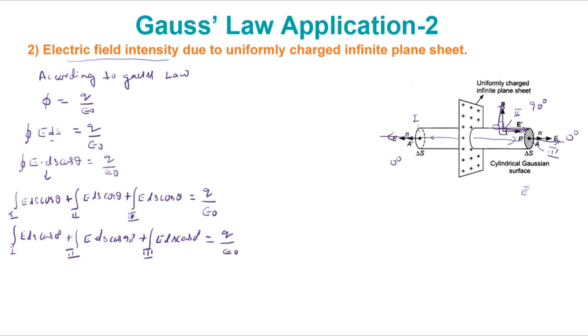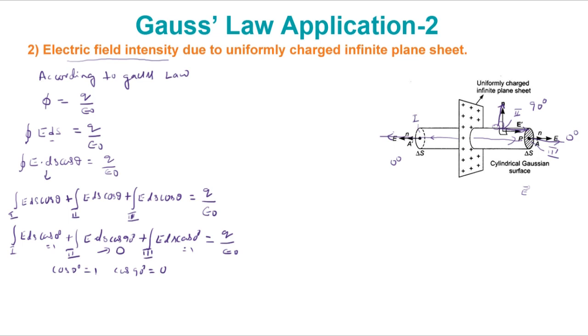Then you know that cos 0 degree is always 1 and cos 90 degree is equal to 0. It means the cos 90 term will become 0. Cos 90 is 0, 0 into something is 0, so this term will be eliminated. And here cos 0 means this will become 1, and here it is also 1, 1 into E into ds.